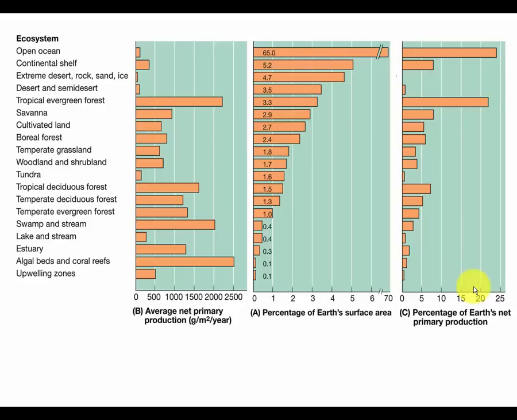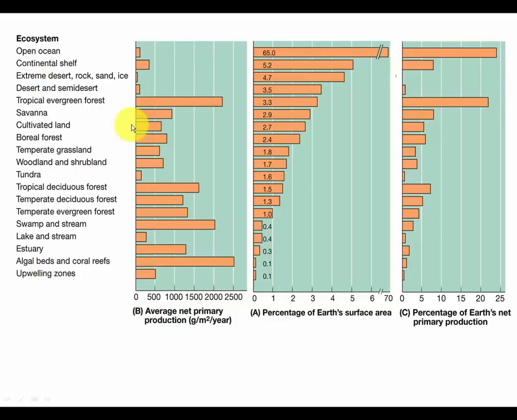So here's what the globe looks like in terms of primary productivity. If we take a look at this chart over on this side, and I want you to see this because this tells you which the most productive ecosystems are. So the bars here are basically the number of grams of plant matter that are produced for each square meter per year in these different ecosystems.